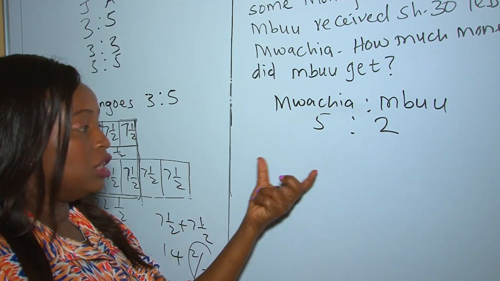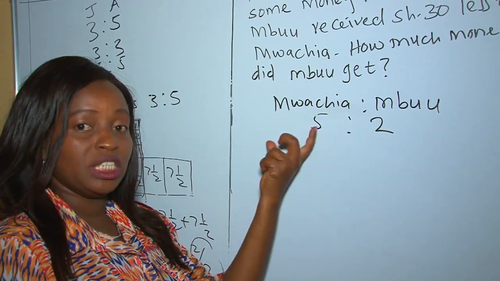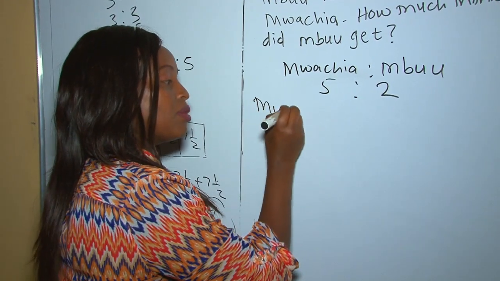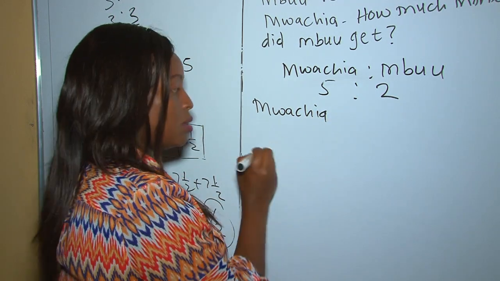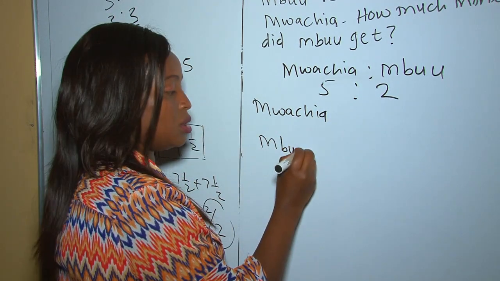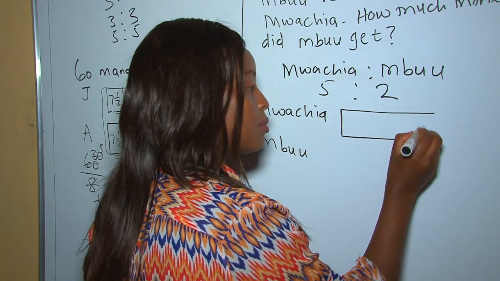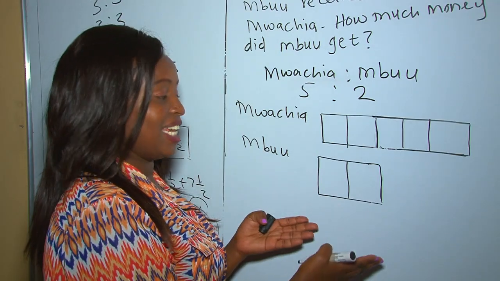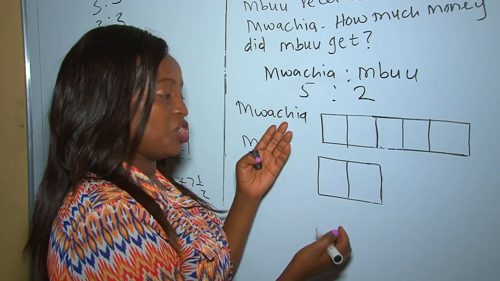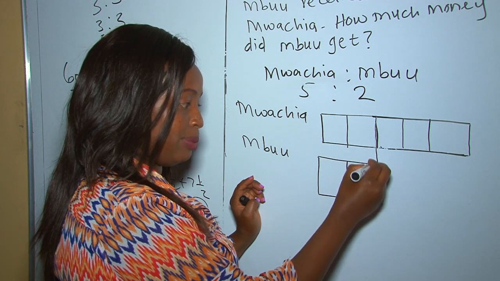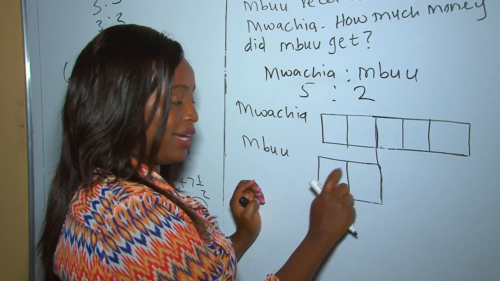So let's now represent this 5:2 in terms of diagrams or parts. Mwachia, and Boo gets less than Mwachia. As you can see, if they were to get equally, they could have gotten up to here. That is 1, 2, 1, 2.